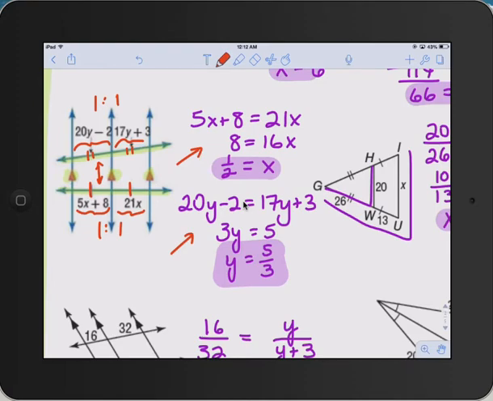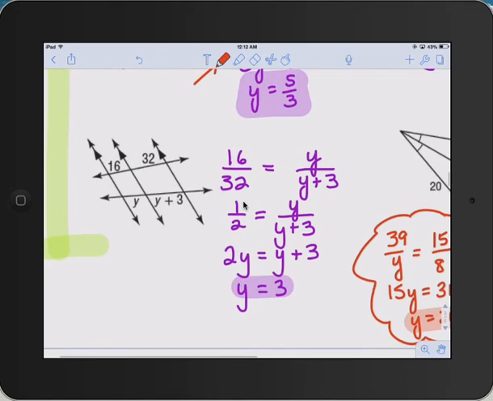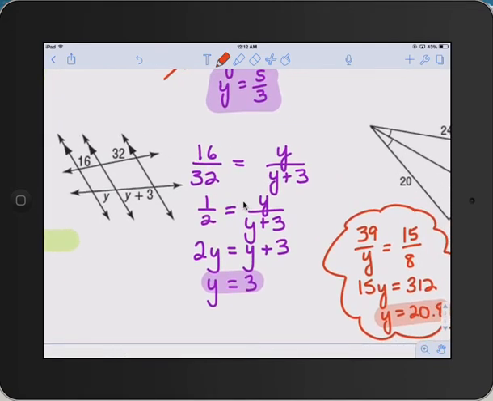Again, something from lesson 7.4. And then similar kind of thing, when you have these parallel lines cut by transversals, it cuts all of the transversals into proportional parts. So since this is 1 to 2, that means this one also has to be 1 to 2. So 1 is to 2 as y is to y plus 3. Or you could say y is to 1 as y plus 3 is to 2.